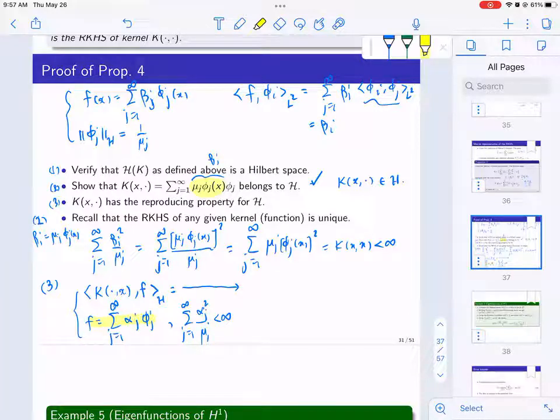From the definition of the inner product, this is just summation j from 1 to infinity, alpha j, beta j divided by mu j, where alpha is this, beta is that. So this is summation alpha j, mu j, phi j x, divided by mu j.